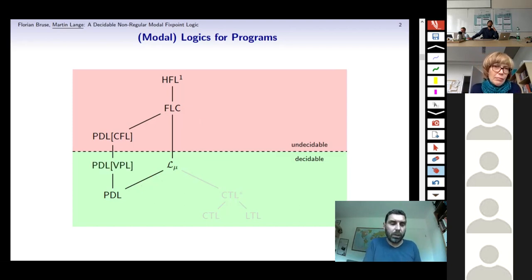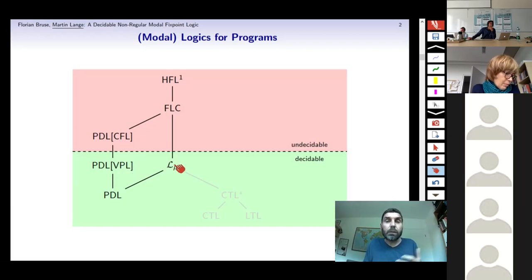There's a logic called PDL over visibly pushdown languages, or over recursive programs, where instead of arbitrary context-free languages, you are only allowed to use visibly pushdown languages. Plugging this into the PDL mechanism gives you a decidable logic. And this was the state of the art before this paper.